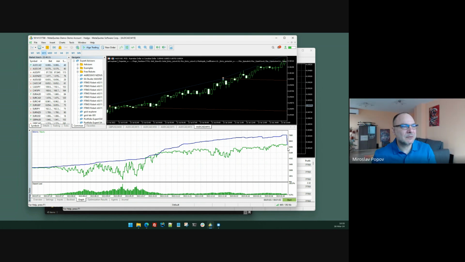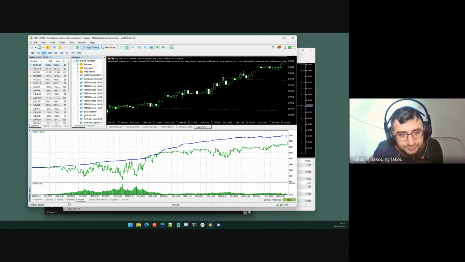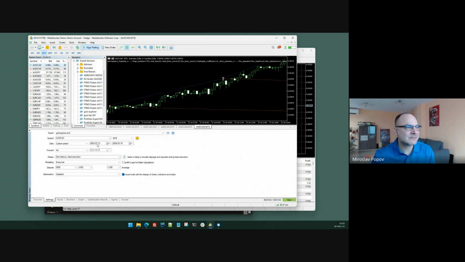But what will happen if we start from the moment that we have the highest drawdown, the lowest equity? What date is this? This is September 27th, something like that. Let's start the backtest from September 27th to see what will happen.